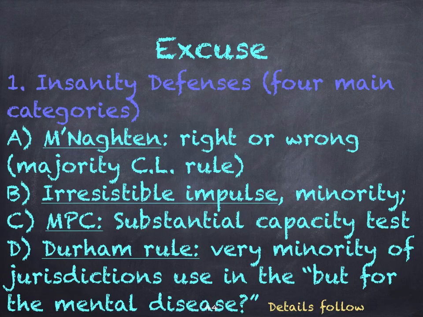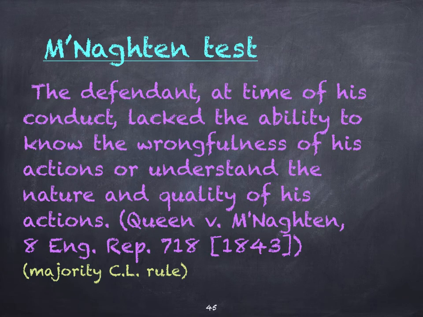Okay, so excuse. Now, there are some insanity defenses, and I forgot to list this, but infancy should be in here. So anyway, these are the main ones: McNaughton, Irresistible Impulse, MPC. Durham is not used that much, but we'll go over it. Now, the McNaughton test.